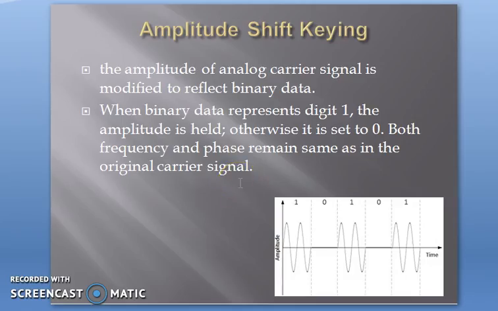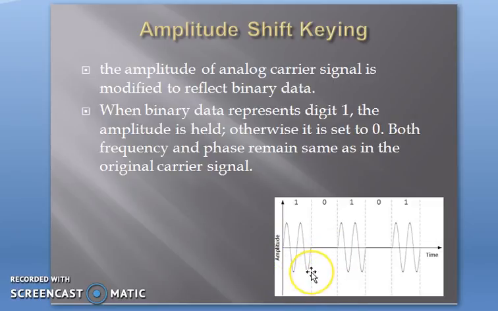Now the first one is amplitude shift keying. We already said that if the amplitude of the analog signal is modified to reflect the binary data, then it is amplitude shift keying. Here is the pictorial representation: when the binary data represents digit 1, the amplitude is held high, and if 0 is the binary data, then the amplitude is held at 0.